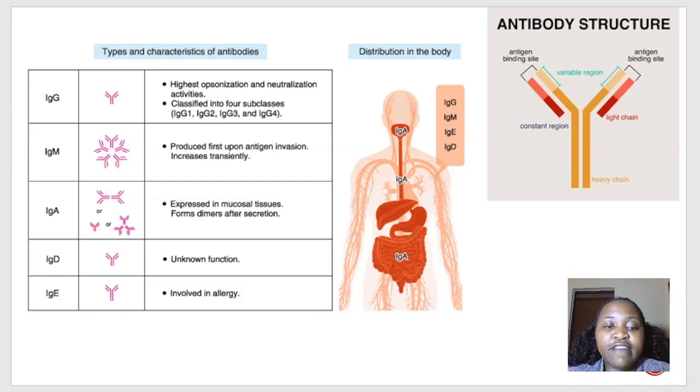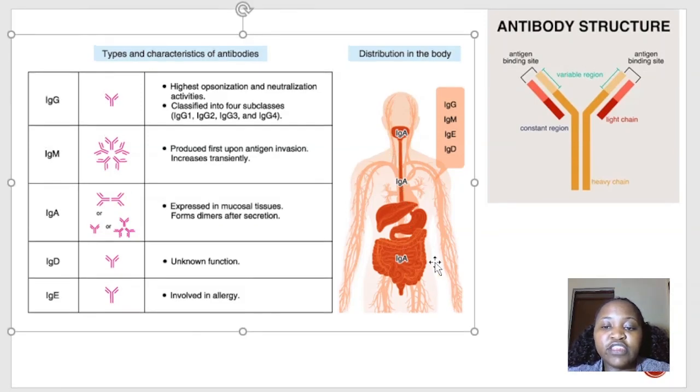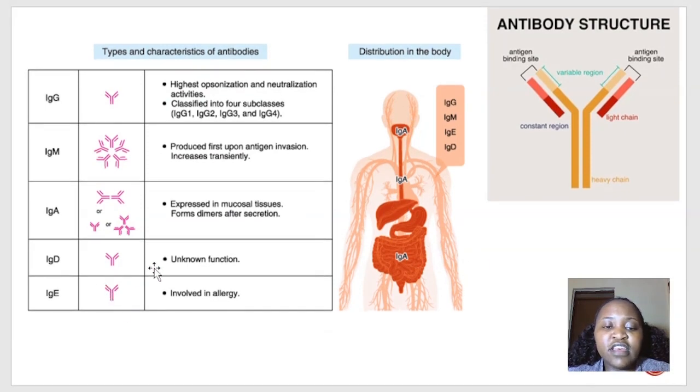Then we have IgA. IgA can conform into different structures: monovalent, divalent, trivalent. It is expressed mainly in mucosal tissues. That's why you'll find it along the GI tract, like here. And then we have IgD, which is monovalent. Its function is not very well known. Then we have IgE, monovalent, which is mainly involved in allergies.